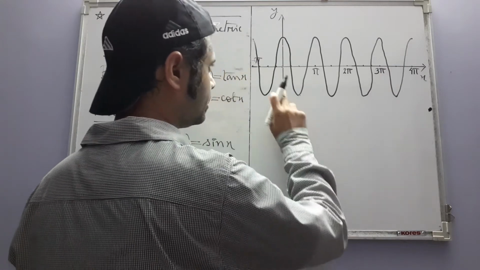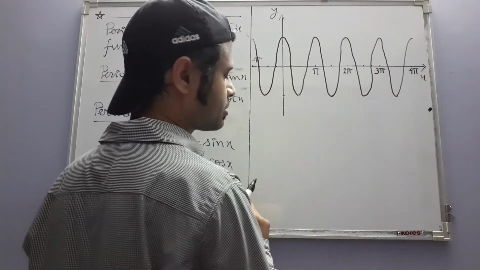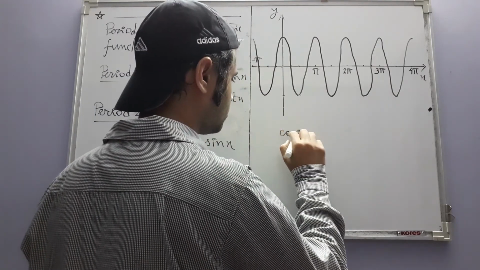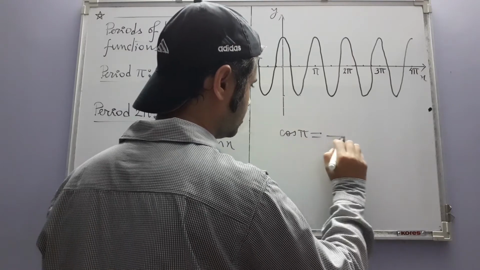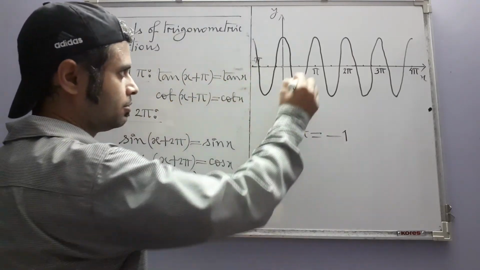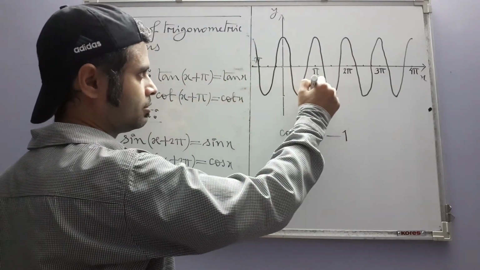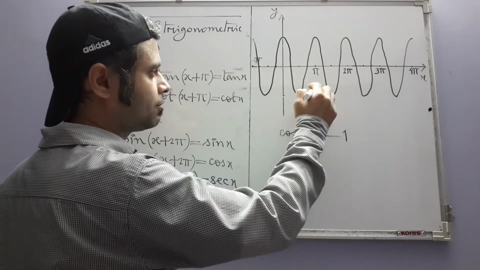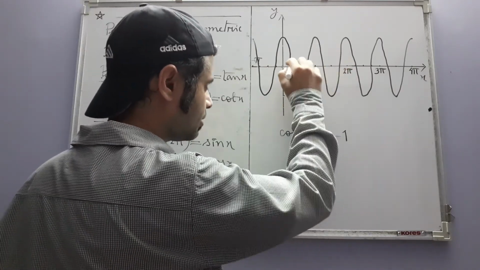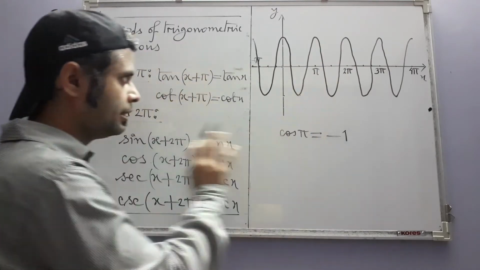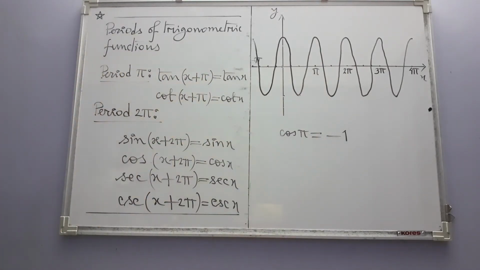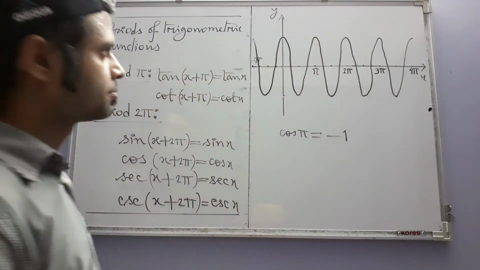But still it's not actually the graph of cos x, because cos pi radians we know is -1, which we don't see here. Had this been the graph of cos x, we should have had a portion like this. It is, however, the graph of cos 2x.